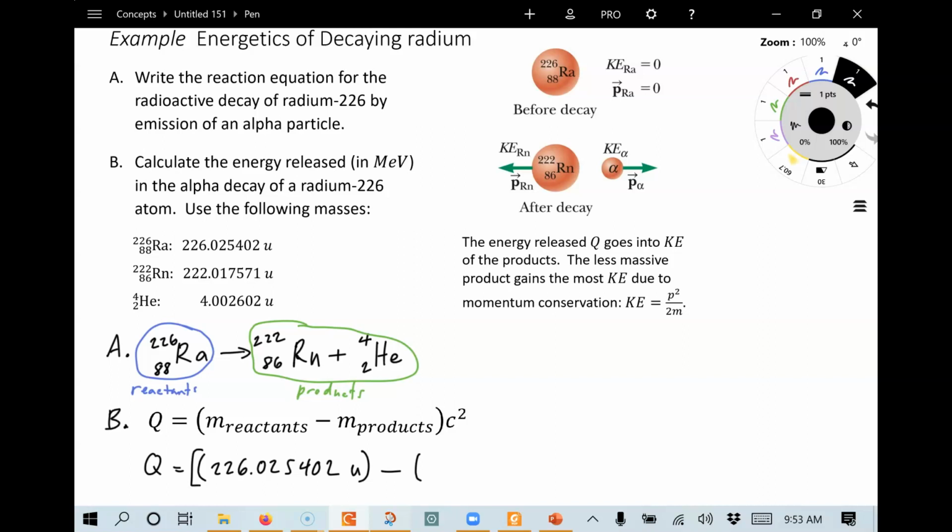So let's start with the radon, 222.017571. Good to double check those numbers and make sure you got them all right. We've also got a helium nucleus, the alpha particle, 4.002602 atomic mass units.